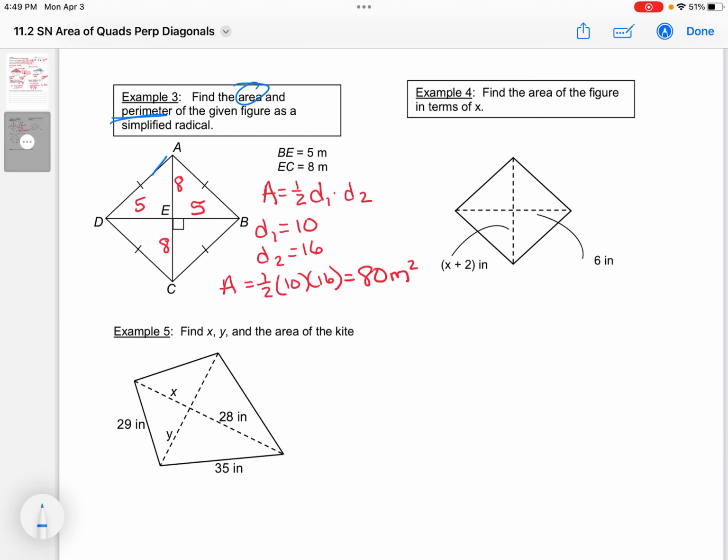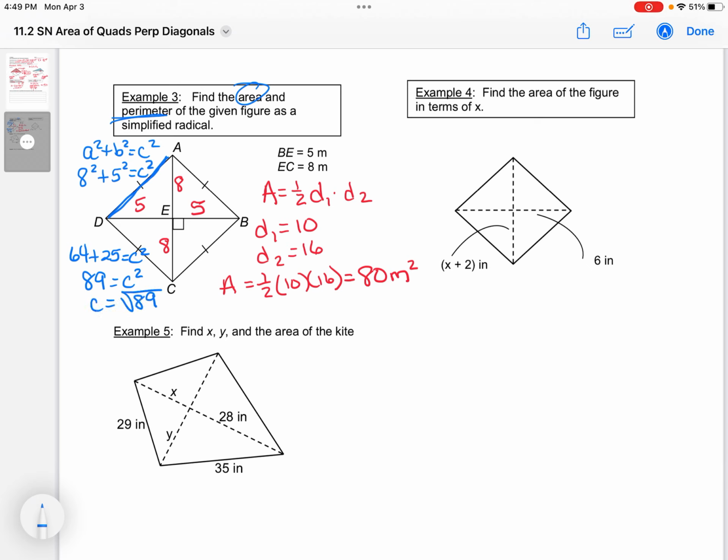So if I'm going to find the perimeter, I need the length of one of the sides. So I'm going to use my Pythagorean theorem. And I'm going to do 8 squared plus 5 squared equals c squared. So I have 64 plus 25 equals c squared. 89 equals c squared.